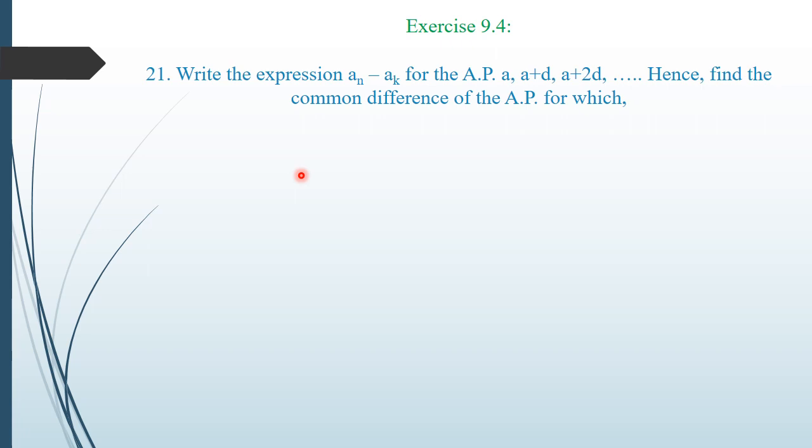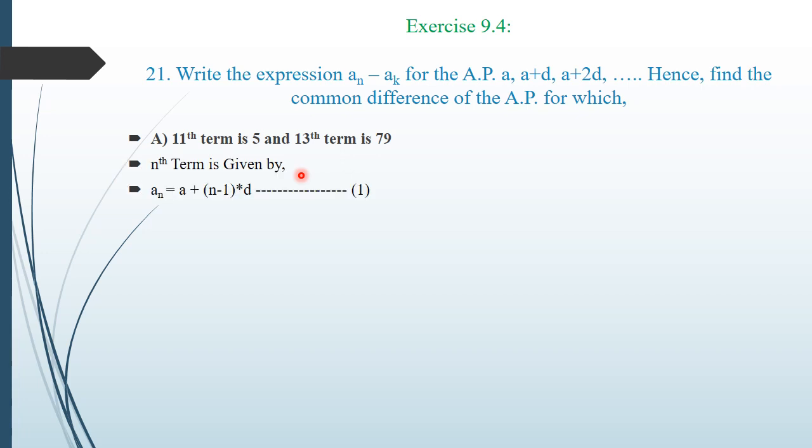Let us see how we can do that by considering one sub question. That is, the first sub question is 11th term is 5 and 13th term is 79. Here we can represent nth term an is equal to a plus n minus 1 into d. We already know. Similarly, kth term, I'll write it as ak is equal to a plus k minus 1 into d.